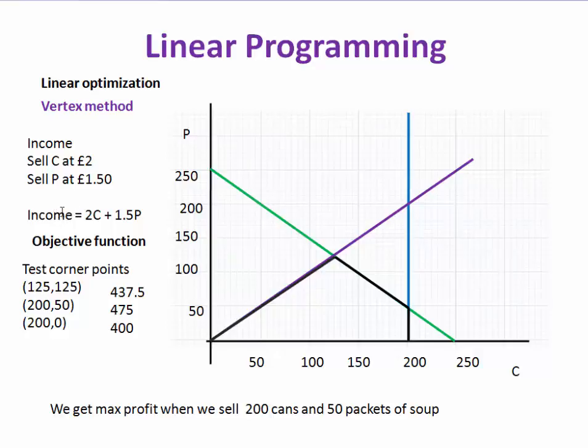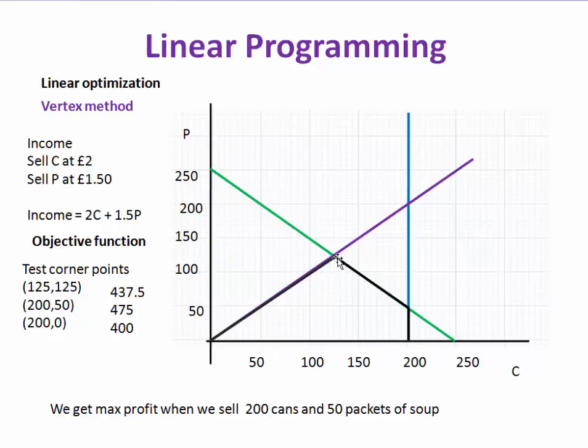So our income or our profit, which is what we're interested in, is 2C plus 1.5P, 2 from the £2, 1.5 from the £1.50. I haven't used P for profit because we're using P here for the packet soup, so I'm just using income. So income is 2C plus 1.5P.